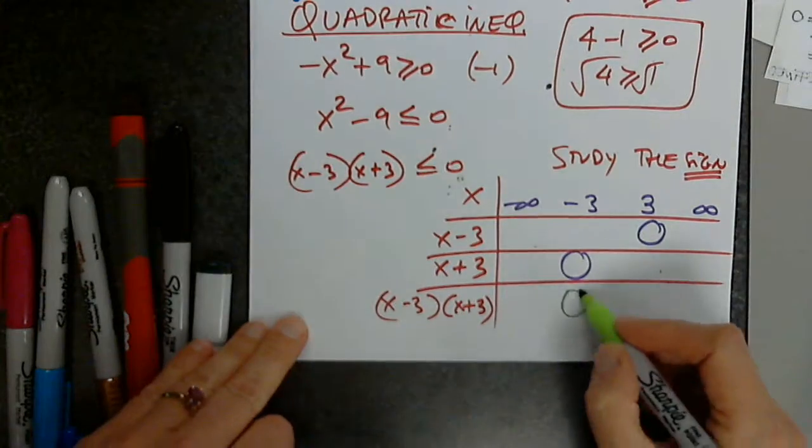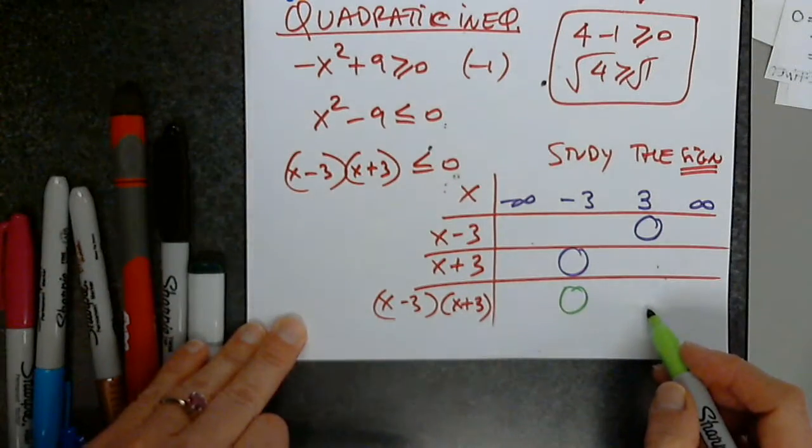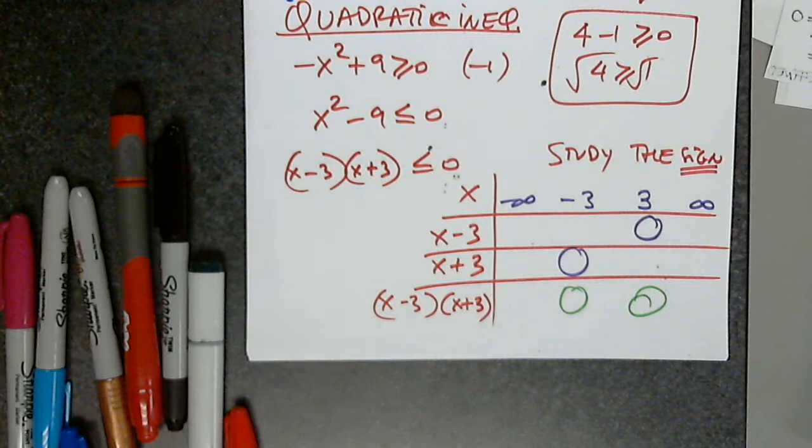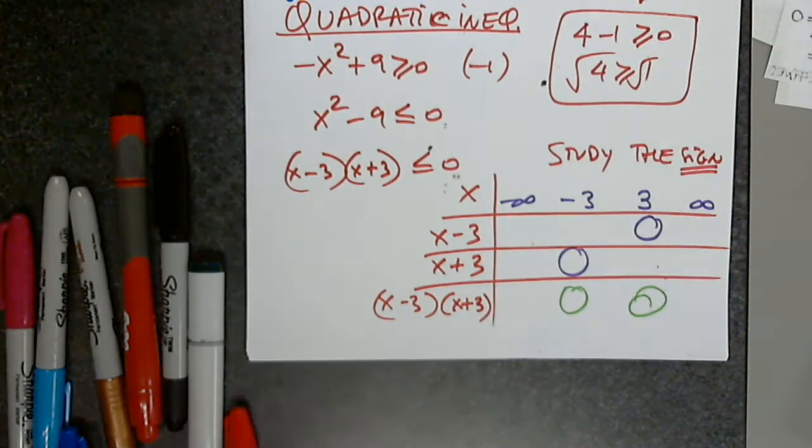Of course. And what happens at 3? Perfect. Good. So now what is the sign of x minus 3? It's a linear function with a positive slope. Or plug in numbers. If you don't want to think from negative to 0 to positive, just plug in numbers and tell me the sign.